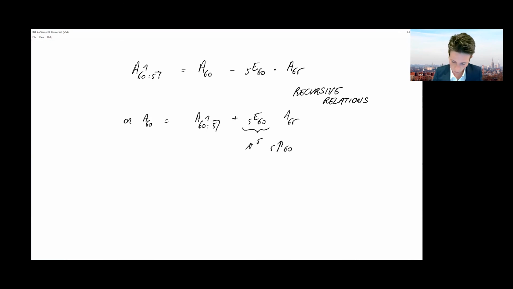If you write down the summation formulas in full detail, you will again see that this relation makes sense, and that this indeed is the way you should treat it. So what I'm doing here is I look at a whole life insurance for a 60-year-old. I say, okay, that's a cover of 5 years issued to a 60-year-old. And then in case the 60-year-old reaches age 65, I will continue with this whole life cover issued to a 65-year-old.